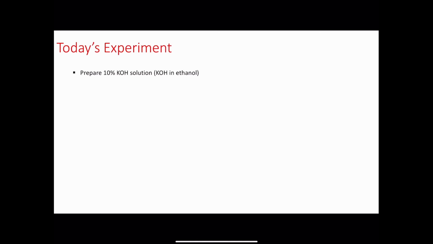You're going to use solid potassium hydroxide and dissolve it in ethanol. So you need to calculate the amount of potassium hydroxide you need to use in order to make a 10% solution of potassium hydroxide in ethanol.